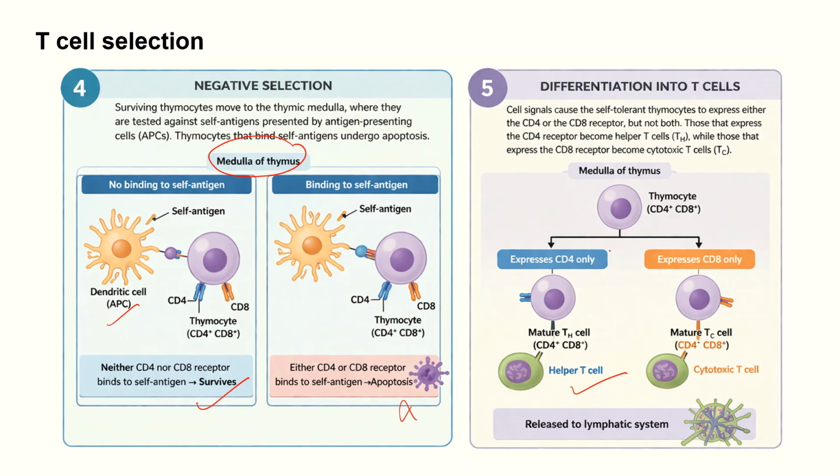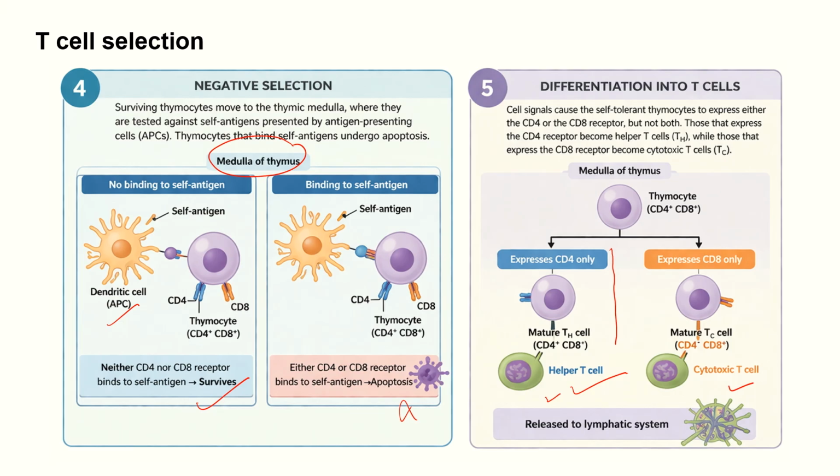For example, the cells which express CD4 survive to make the helper T cell population, and the cells which express CD8 survive to produce the cytotoxic T cell population. This differentiation of T cells takes place after the selection of the self-antigen reacting T cells.